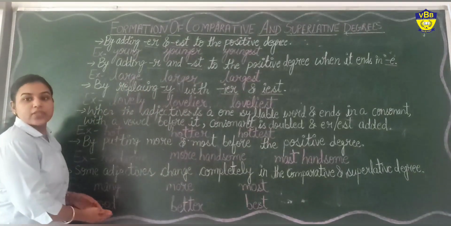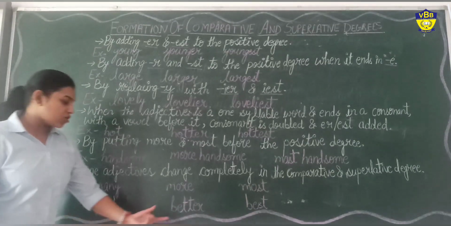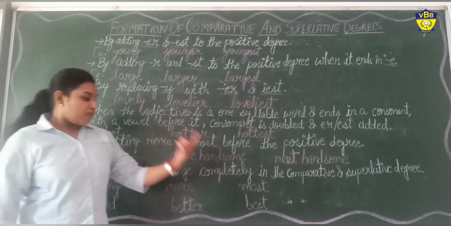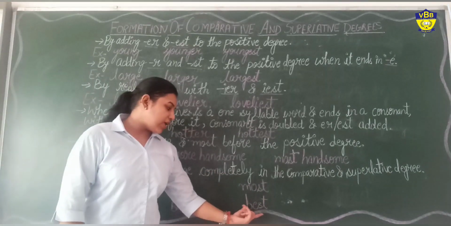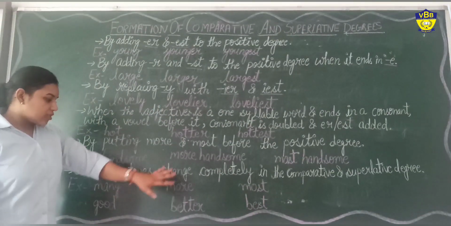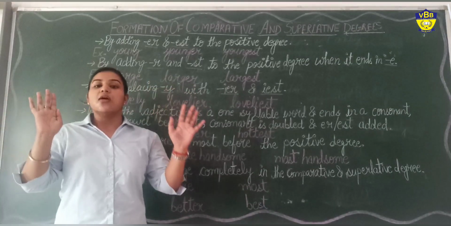Similarly, good. The word good for positive degree is written here. It will change to better for comparative degree, and for superlative degree we get best from good. So these are the adjectives which have completely different degrees of comparison.